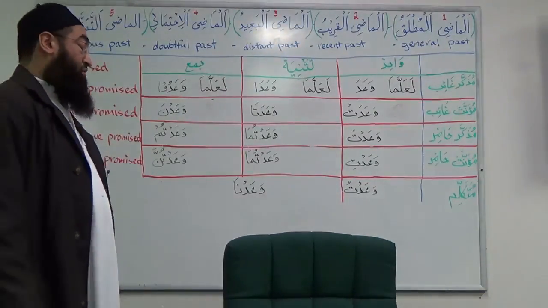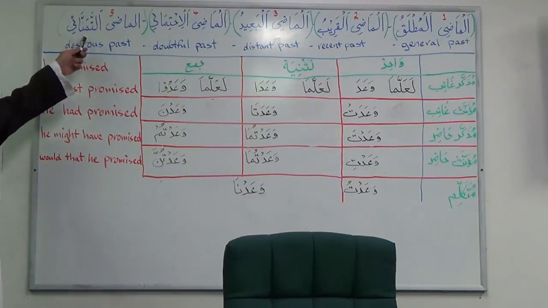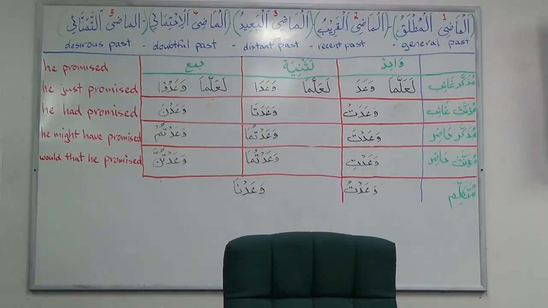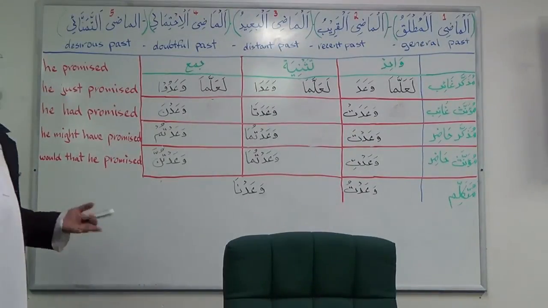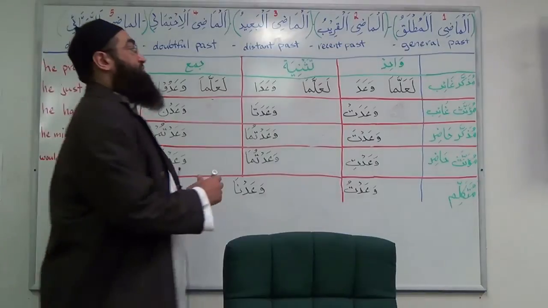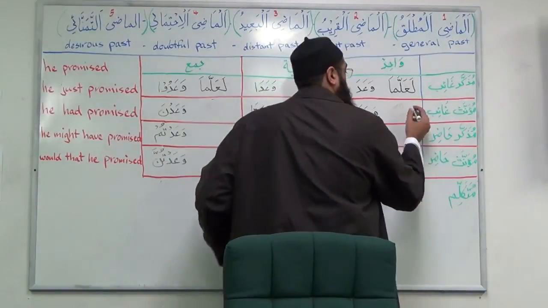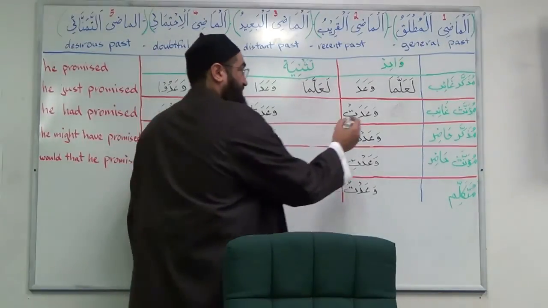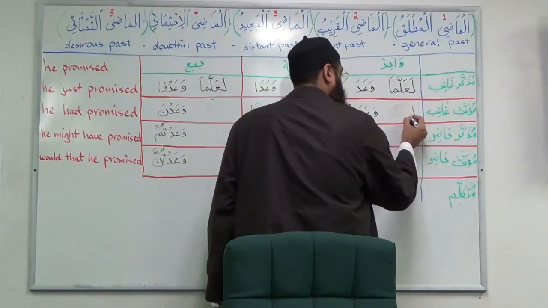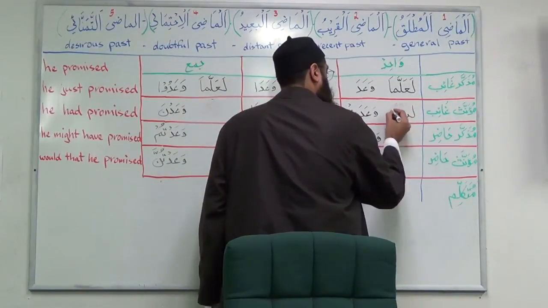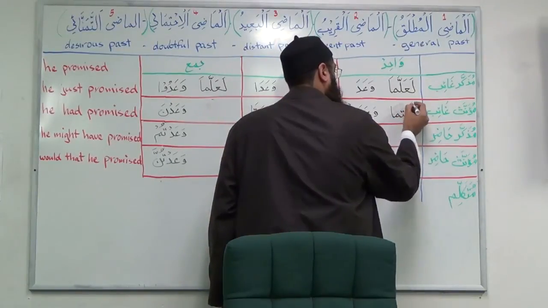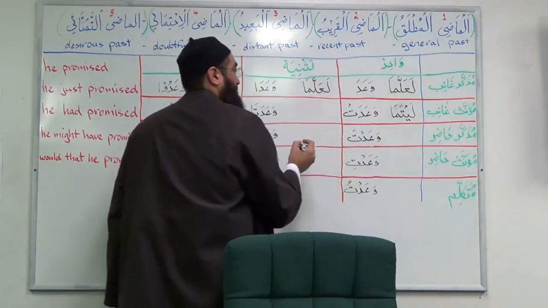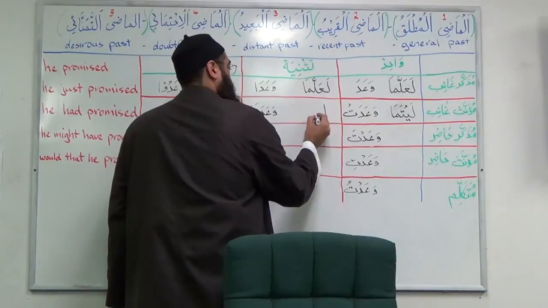Now, how would you say tamanni, desire in the past, that it would have happened? Instead of la'allama, you're going to put laytama.